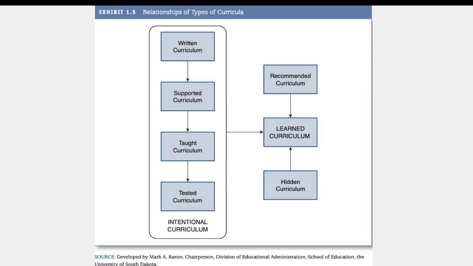That's how curriculum is continuously changing because of not one but so many important local and global reasons. So, all the curricula are interrelated. They are all moving towards the learned curriculum, the one that the teacher will let the children learn.